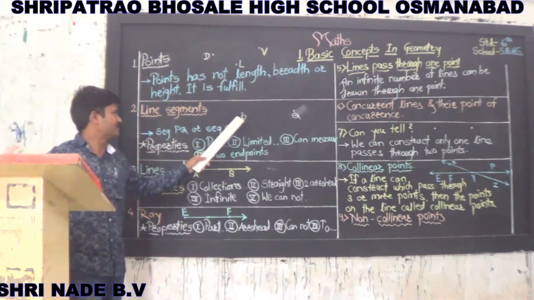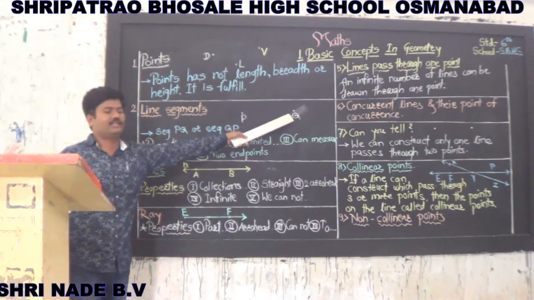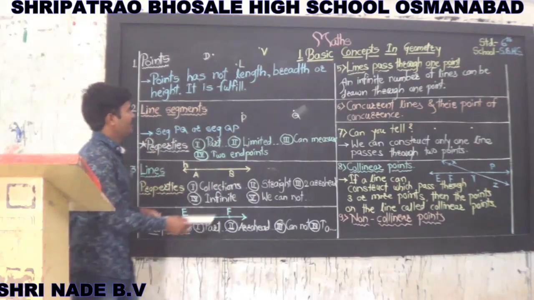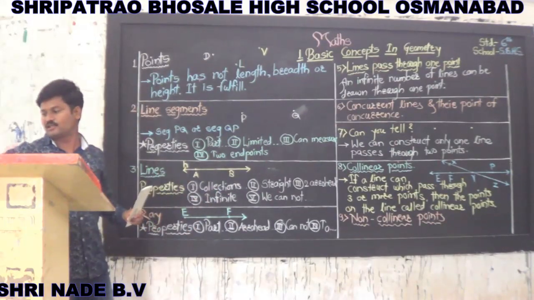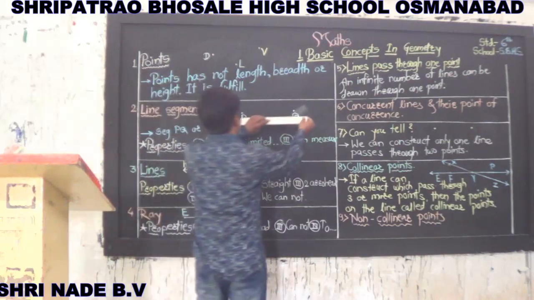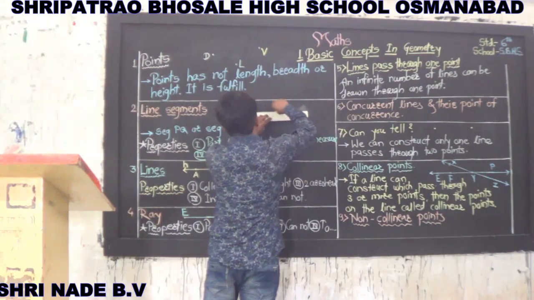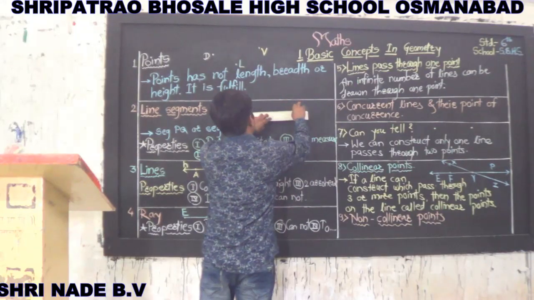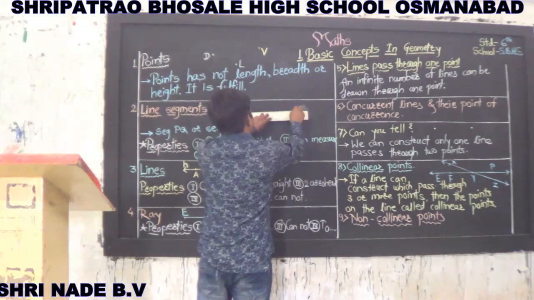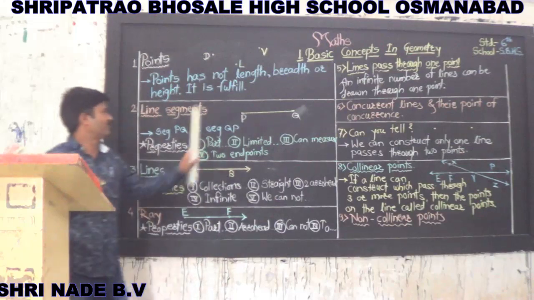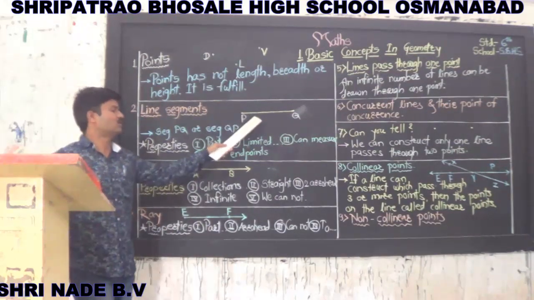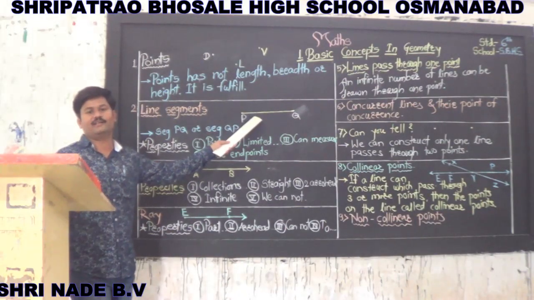Now, look at the blackboard. Here are two points, point P and point Q. Now, we join the points using a scale and chalk. Here we get one figure, which is called a line segment.